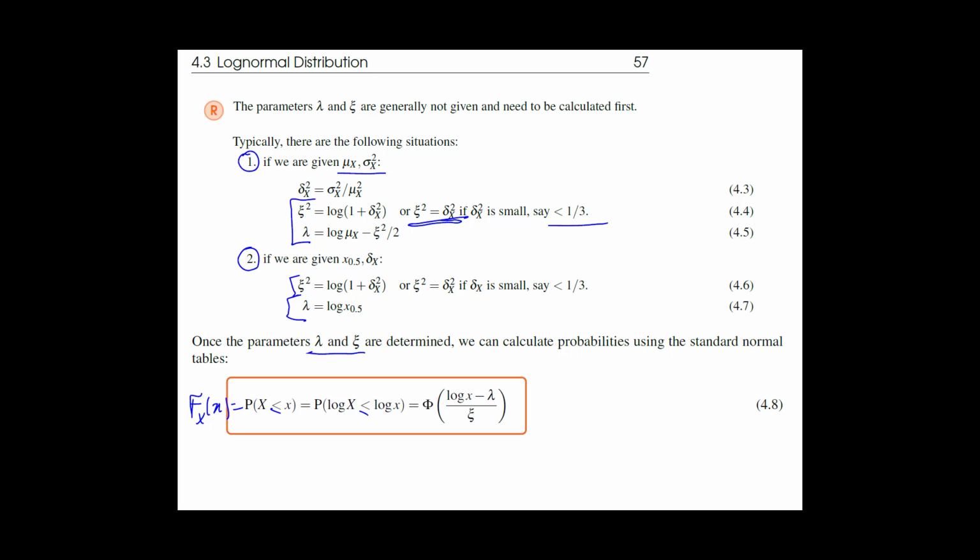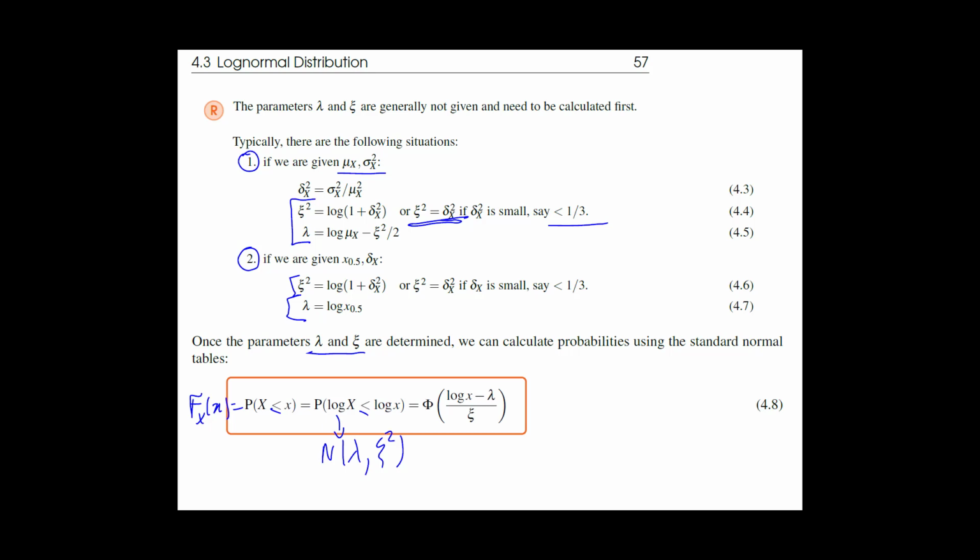So this guy, log of x, as a random variable, is normally distributed with mean lambda and variance psi squared. So what we do is apply the normal distribution formulas. So this is the CDF of the standard normal evaluated at log of x, minus the mean of log of x, divided by the standard deviation of log of x. And that's just because log of x is normally distributed by definition.